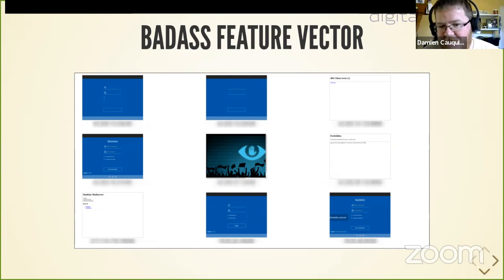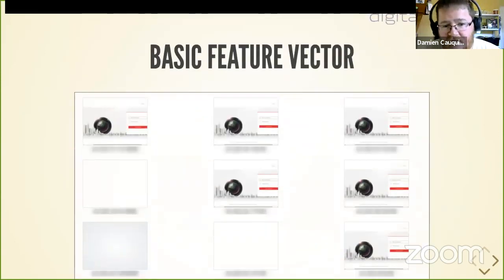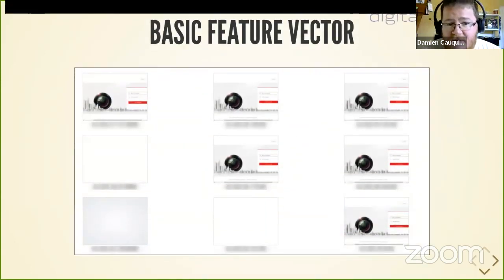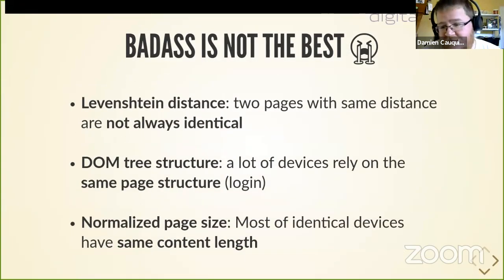a lot of false positives because, you know, a lot of pages look the same structurally speaking, when you have a look at the HTML code and so on. What gave me the best results was the basic feature vector based only on the specific number of tags and the number of HTTP headers and so on. So badass is not the best.